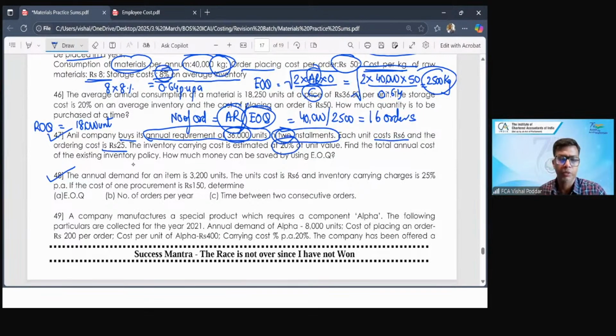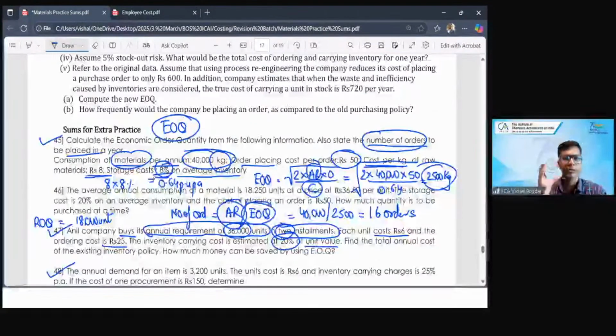And inventory cost. See here the language: they are saying 20% of unit value. Exactly, we need unit value only. Don't be misled by these terms, because many times when you are solving, suddenly you read something and get confused. Here they said 8% on average inventory. Exactly, we want the cost per unit, and per unit is average only.